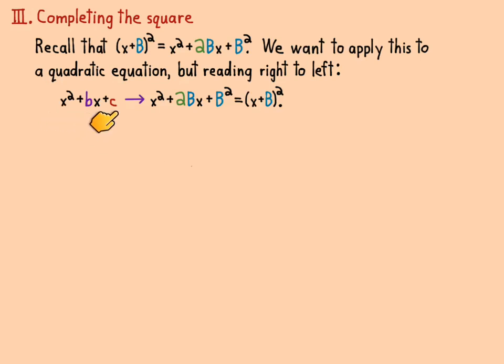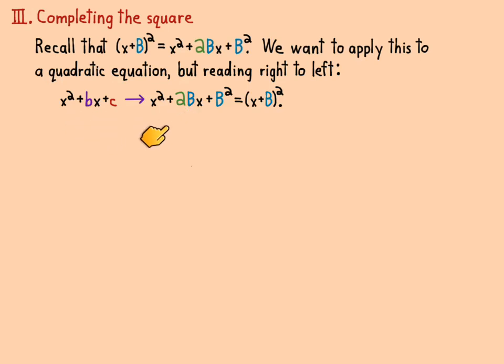Now this is going to be 2 times the capital B, this big blue B here. So these first two terms are exactly the same as these first two terms on the left. Notice that means that this capital B is half of this little b. It's kind of weird that the big one's smaller than the little one, but that's okay.